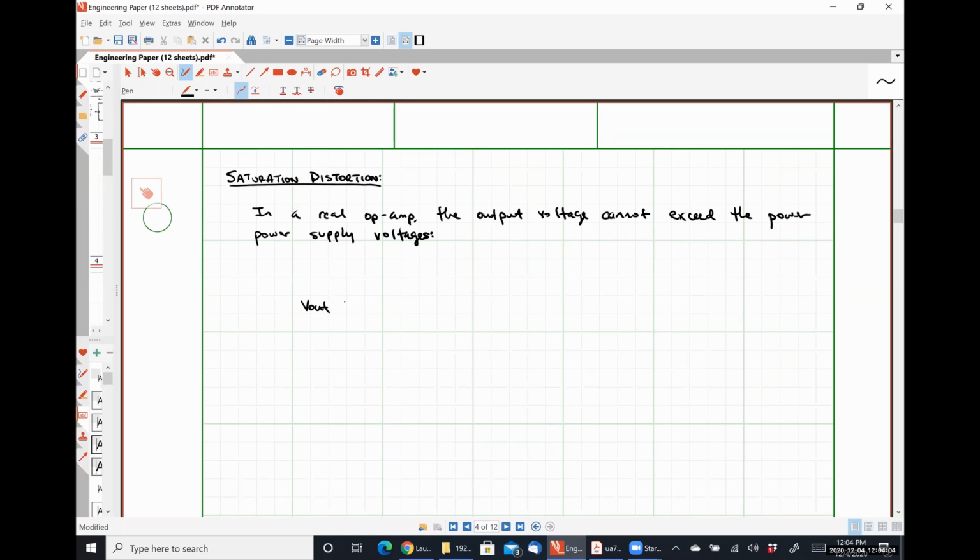is going to have one of three values. It will be VCC plus, the positive power supply voltage, when AVOL multiplied by V plus minus V minus is greater than or equal to VCC plus.